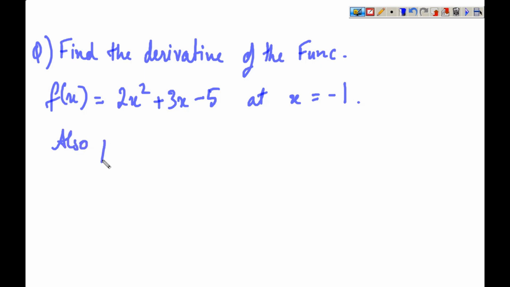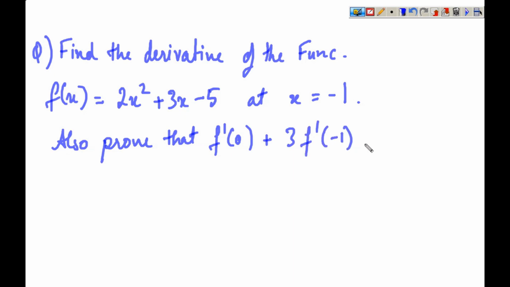Also prove that f dash 0 plus 3 times f dash minus 1 equals 0.